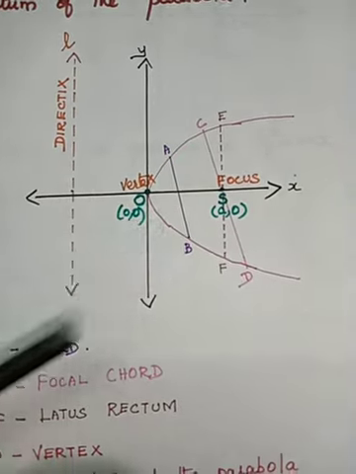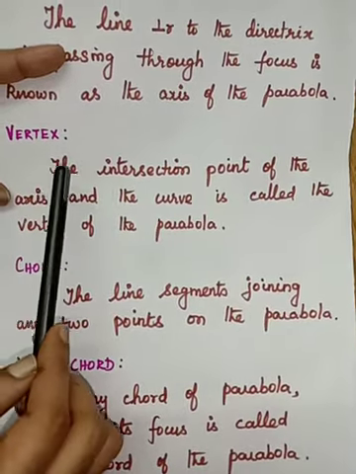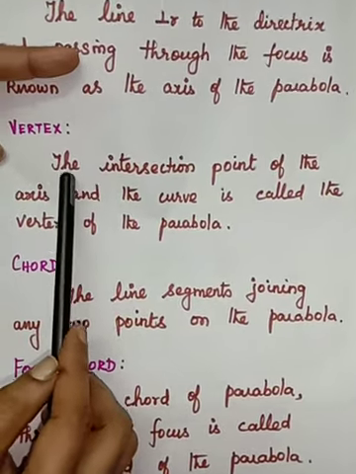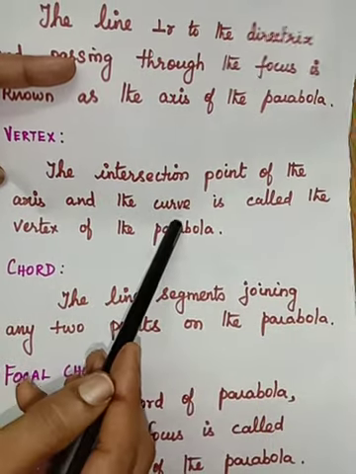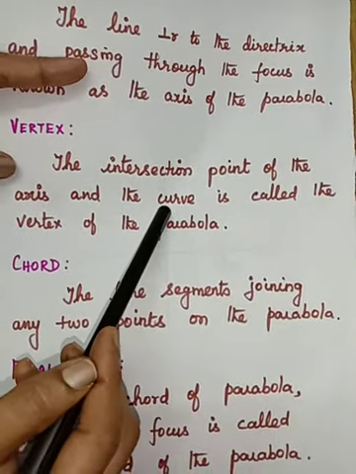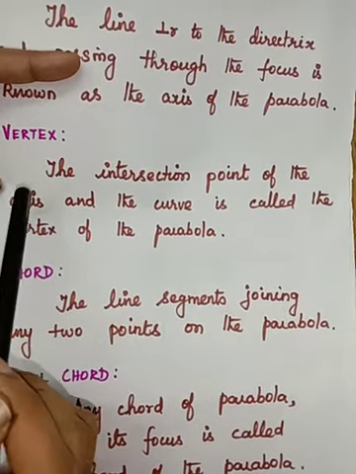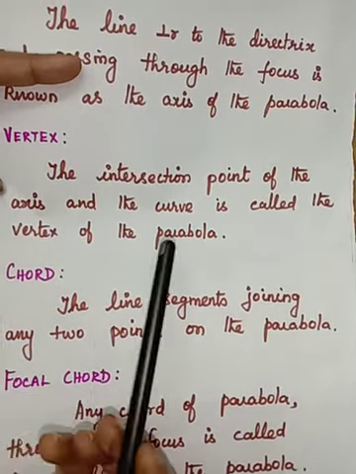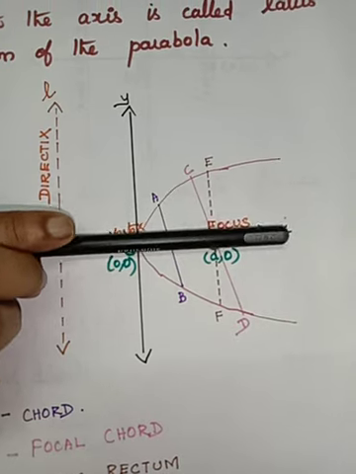So the next one is the vertex. Vertex is nothing but the point of intersection of the axis and the curve. Here the curve is the parabola. In this parabola, which is the axis? The x-axis is the axis.